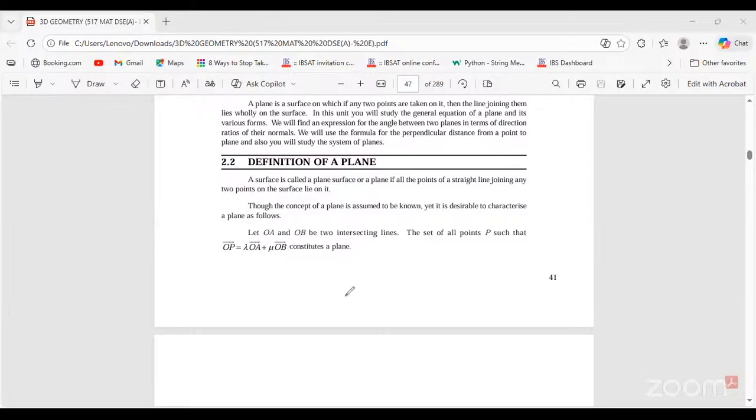For example, this is a point, this one is O and this one is A, and this one is B, the coordinate axes OA and OB.